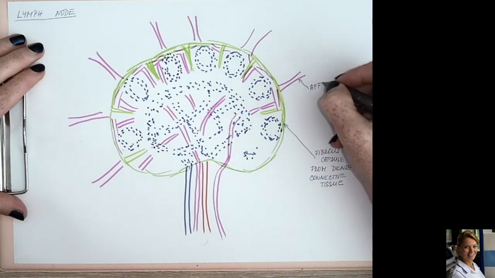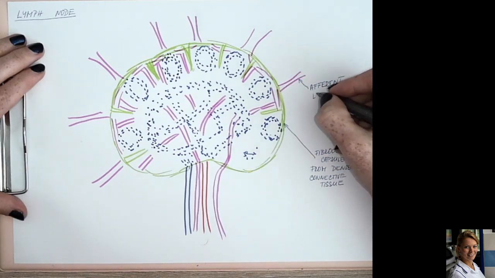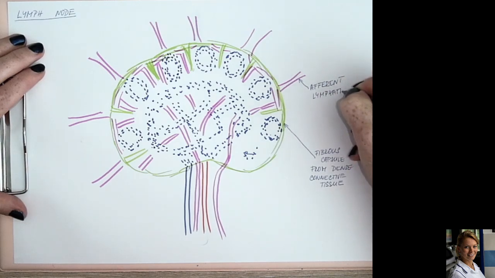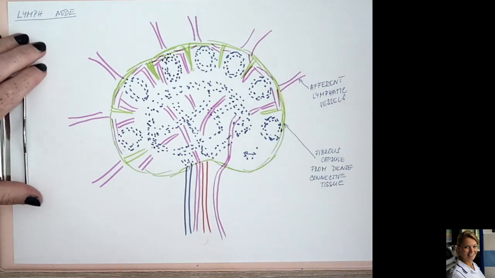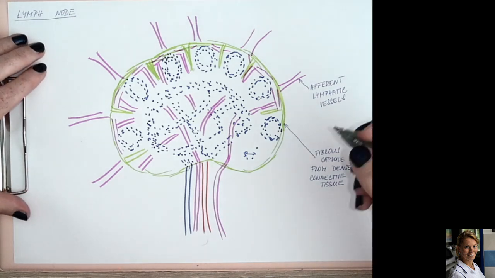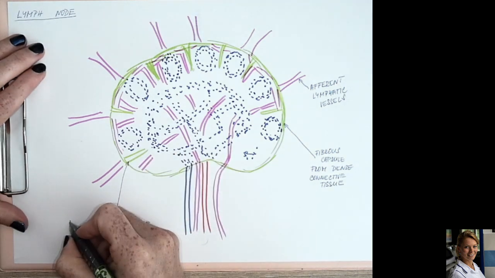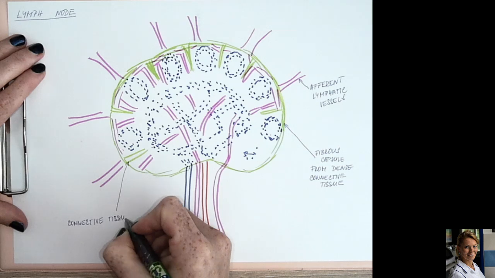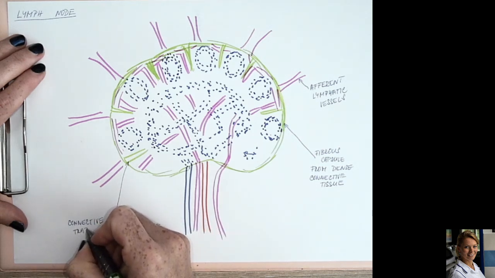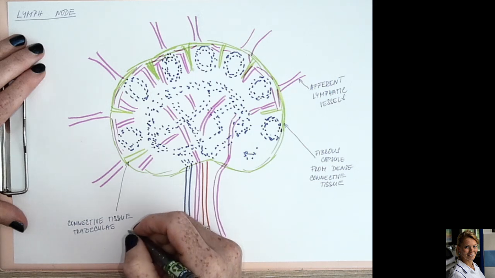Afferent lymphatic vessels. And connective tissue trabeculae, extending from the capsule.